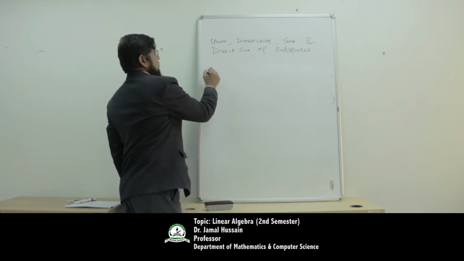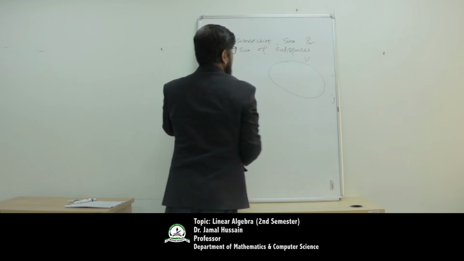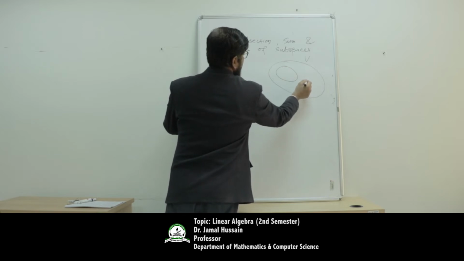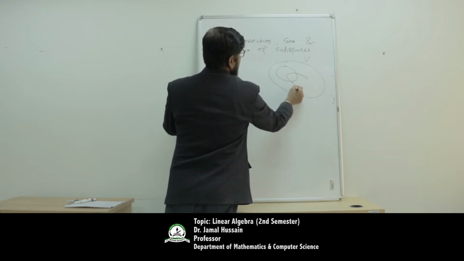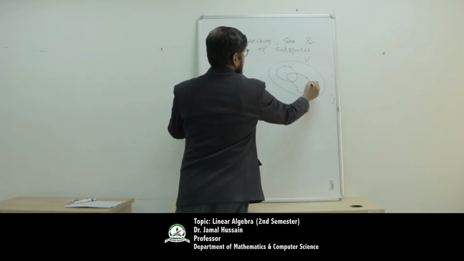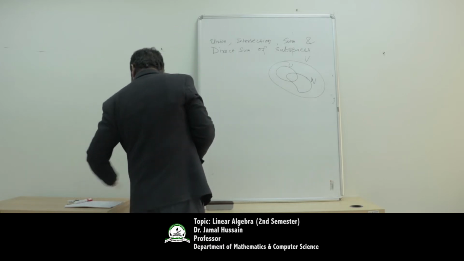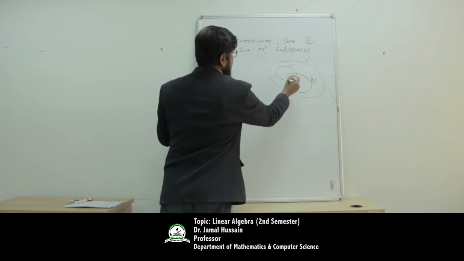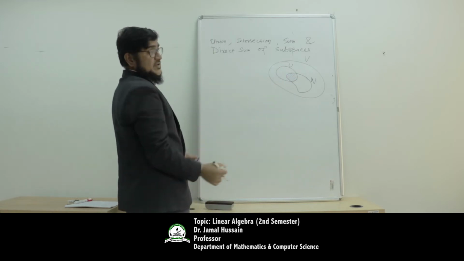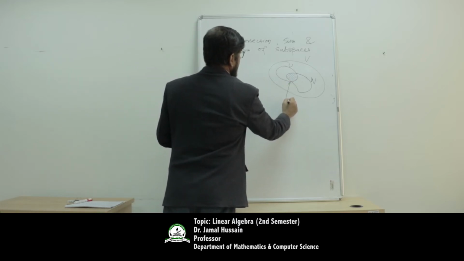So for example, we have a vector space V, and suppose there are two subspaces, let's say I call them U and W. So this part that you see, the common part of U and W, is called the intersection.